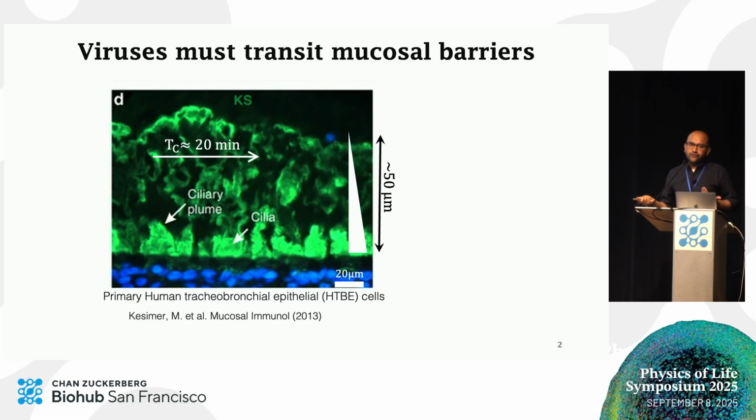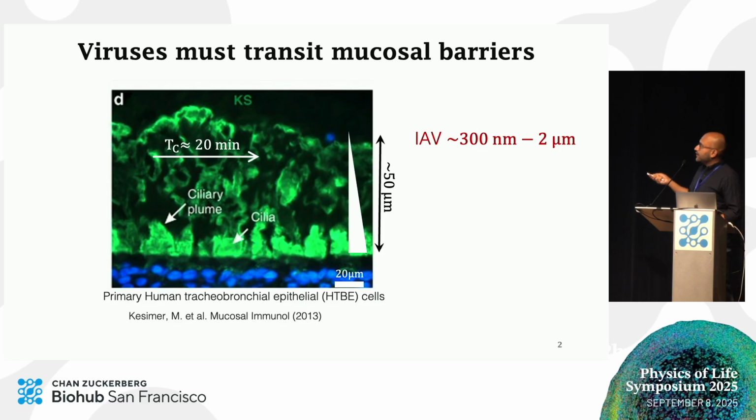Adding another layer of complexity is ciliary flows generated by the beating of cilia, and that causes this layer to be continuously cleared. In humans, that time scale is around 20 minutes. An influenza virion, and they have quite a wide size distribution, can range from 300 nanometers all the way up to a few microns.